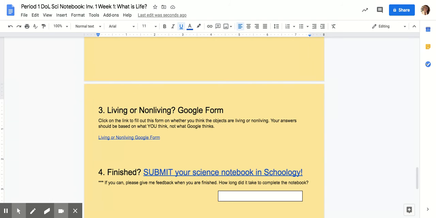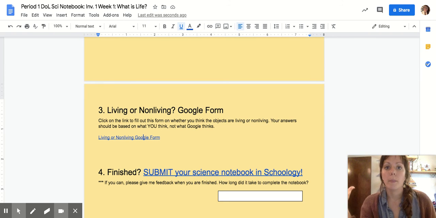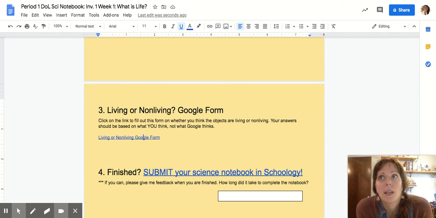But some of the other ones you might not know, and so there's an option to choose undecided. If you don't know, you can select undecided. Then we'll compile all the data from all my students and actually all my classes. We'll be able to see, okay, most students say that an apple is non-living. Let's debate. And that will become what we do next week, which is debate whether or not things are living or non-living together.